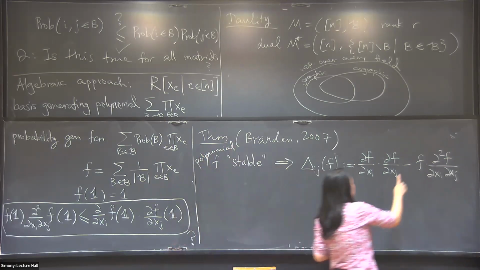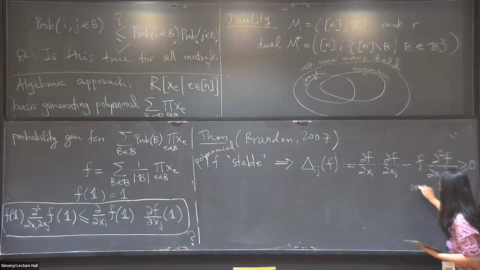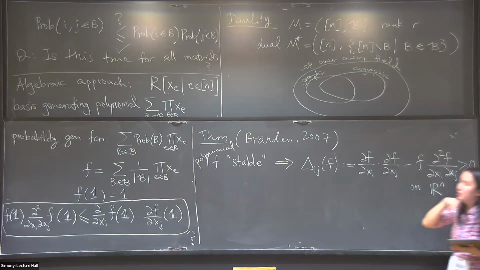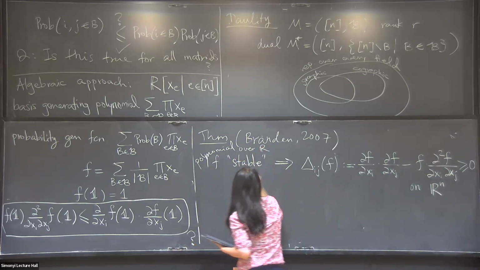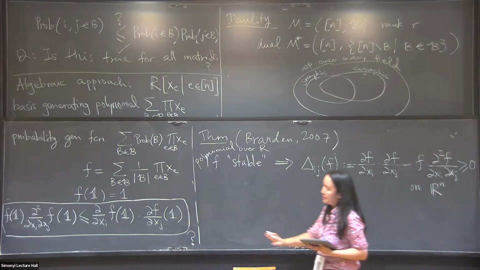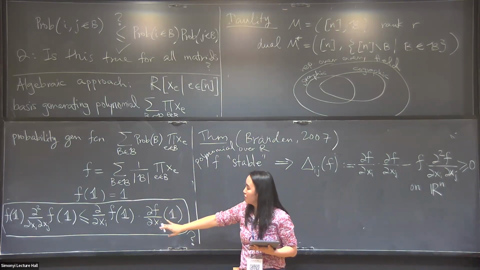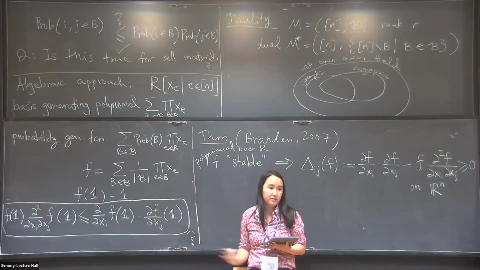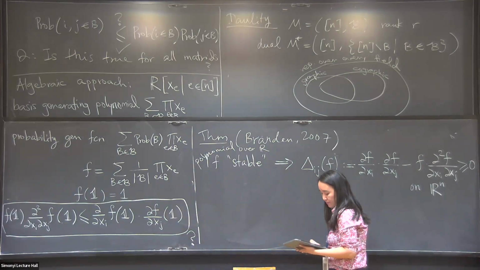Stable implies that this other polynomial takes non-negative values on R^n. It's a polynomial over R. So in particular, if we can show that the basis generating functions of our matrices and graphs are stable, then we will get the negative dependence. Okay, now I'll give you the definition of stable.